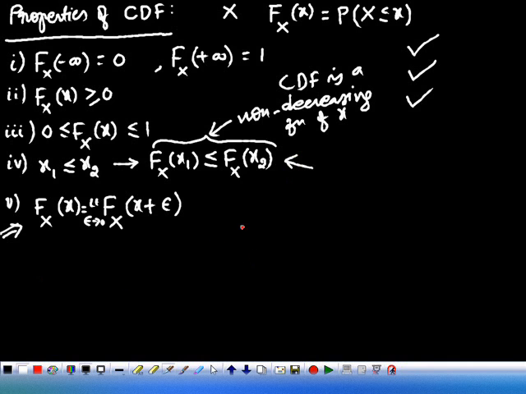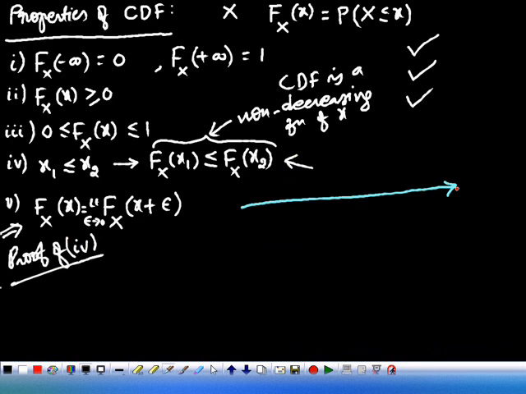In order to prove that, let us consider this is the real axis and this x indicates the values that are taken by the random variable x, and assume this is x1 and this is x2, because we are letting x1 less than x2. So we have written the condition x1 less than or equal to x2. Here I have chosen x1, x2 in such a way that x2 is greater than x.